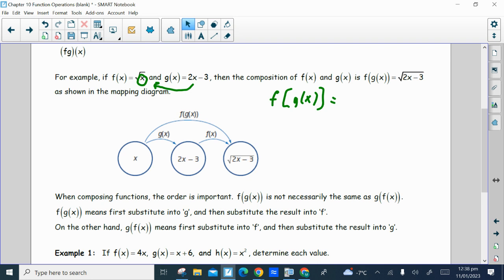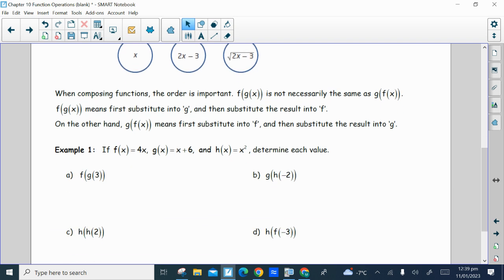You're going to embed g into f. So instead of having the root of x, it'll be the root of 2x minus 3. That's where it comes from. Wherever you see the variable in f, you replace it with g. In this case, there's only one term in f, only one variable, x. We're going to see examples where there's more than one place where that variable occurs. Every place it occurs, you replace it with g.